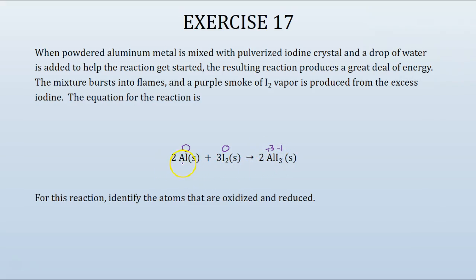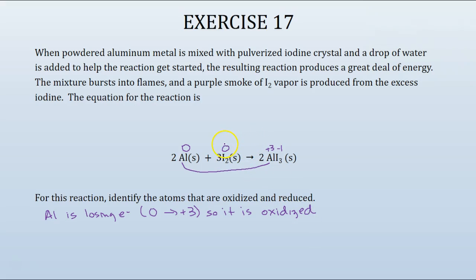What's happening? Al is going from a 0 to a +3. So Al is losing electrons. When you go from a 0 to a +3, you had to lose electrons to do that. So it is oxidized.